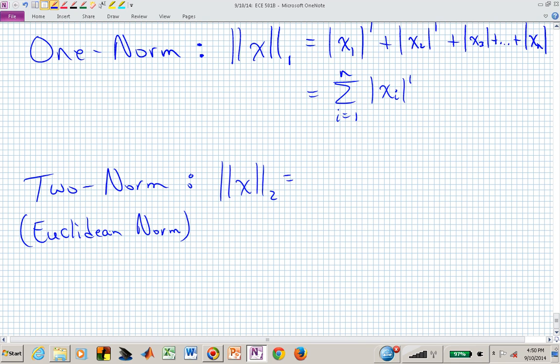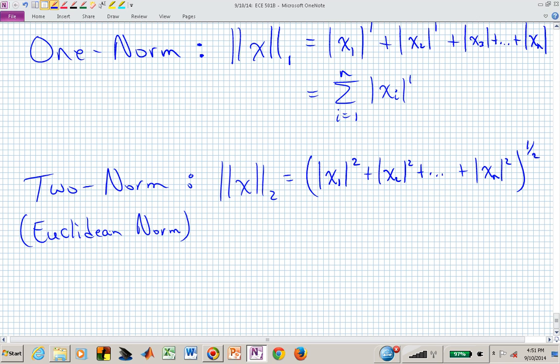Now, the 2 norm. Now we take the absolute value of the first coordinate and square it. Second coordinate squared. And we do that for all the coordinates. And then we actually raise it to the 1/2 power.